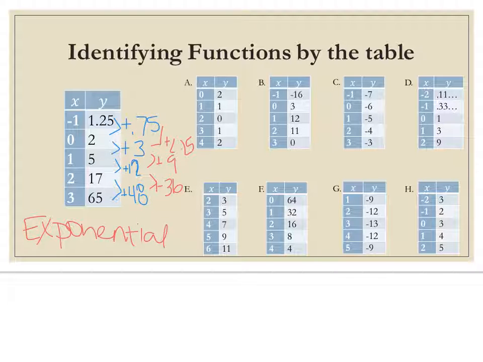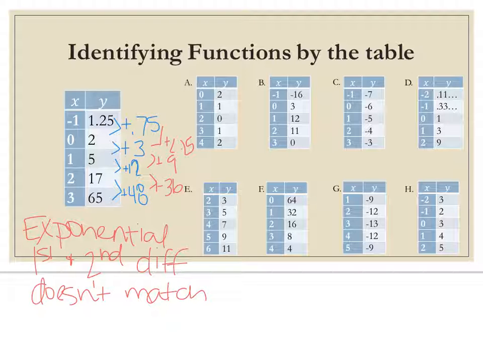My reason for this is first and second difference don't match. So again, I want you guys to go through. These are the same 8 tables you had on the last slide, and I want you to figure out which of these are also exponential.